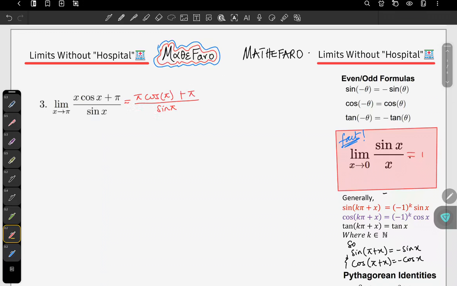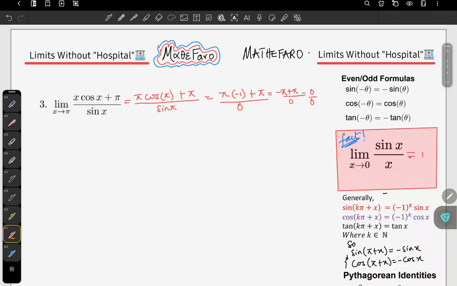Since cos pi is equal to -1, we have pi times -1 plus pi, all over sine pi, which is equal to 0, because the sine of any multiple of pi is equal to 0. And this is equal to minus pi plus pi over 0, which is 0 over 0.